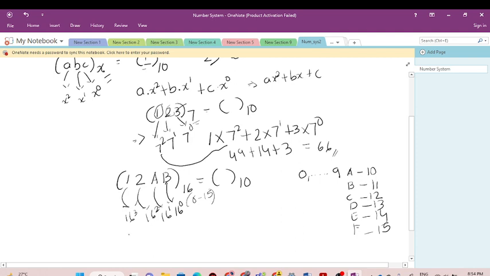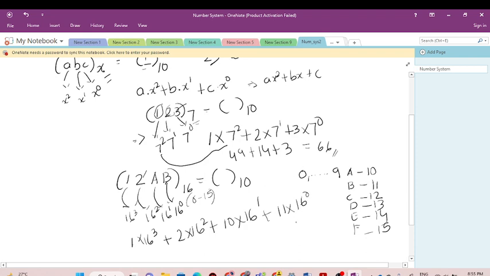Now just multiply. 1 into 16 raised to 3, plus 2 into 16 raised to 2, plus A, which is 10, so 10 into 16 raised to 1, plus B, which is 11, so 11 into 16 raised to 0.